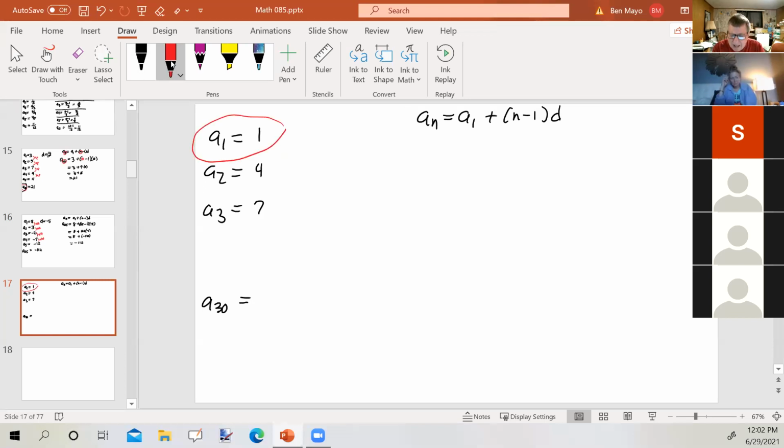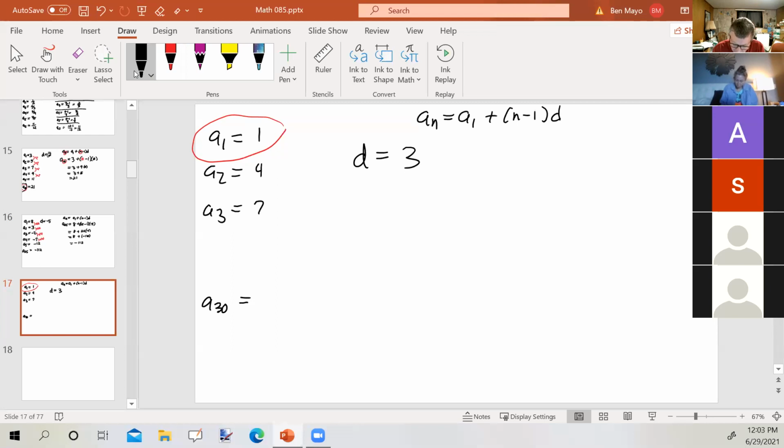Do we have d? No. How can we find d? By subtracting from the previous. What's 7 minus 4? 3. What's 4 minus 1? 3. So if we take a term minus the previous term, we get 3, right? Yes.